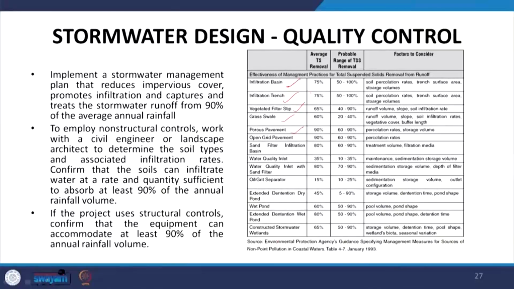When the water is retained through any of these strategies, it allows for solids to settle down, as we were seeing in case of the infiltration trench or the grass strip. The soil, the pollutants and a lot of other solids which will be carried with the storm water when it goes with the flow will be held, retained, and removed from the water which further flows.